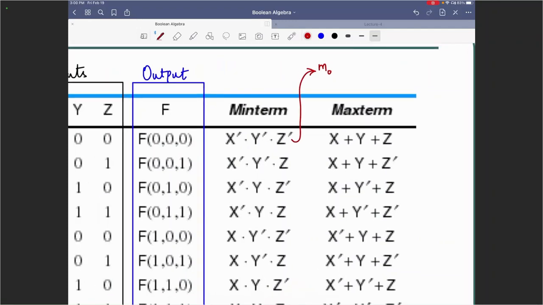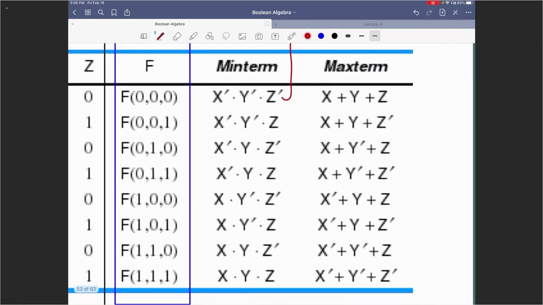Similarly, let me take a look at this. What would be this guy? X and Y complement. Oh, okay. So Andrew said M5, but the correct answer is small m5.